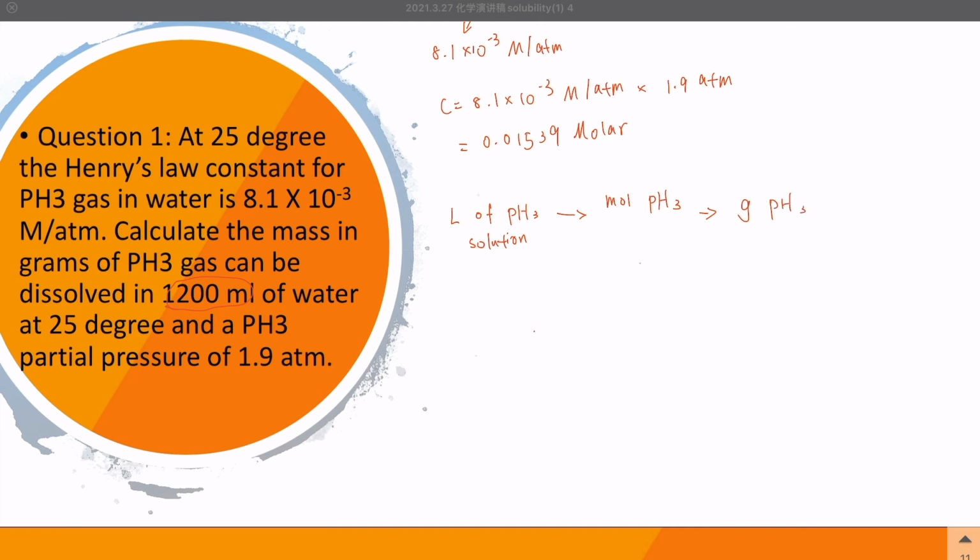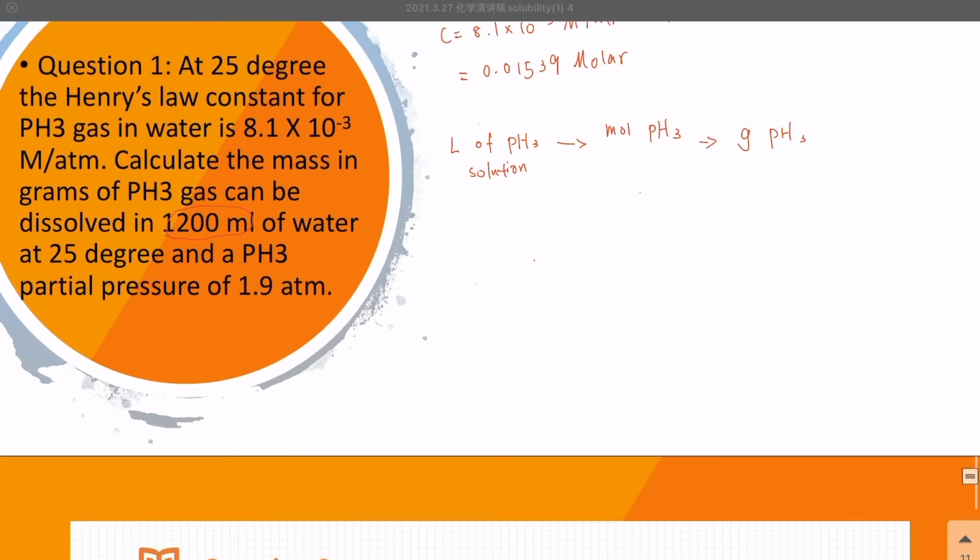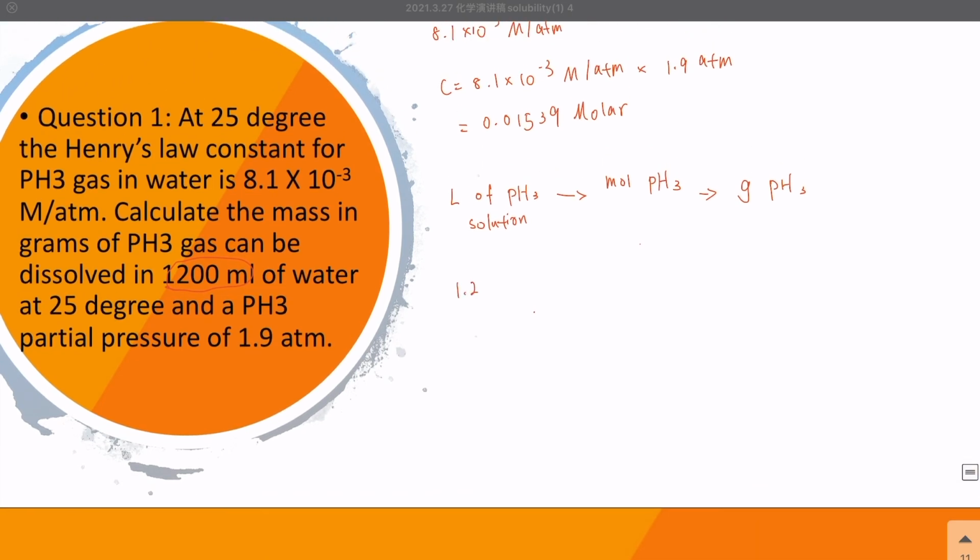So how to calculate this? First, let's use 1.2 liter of solution times 0.01539 mole of PH3 in 1 liter.